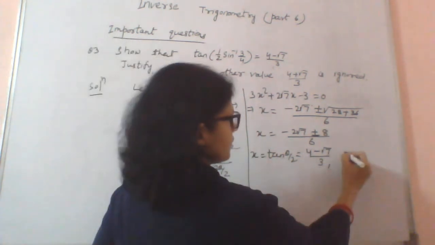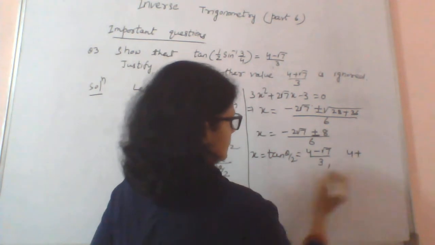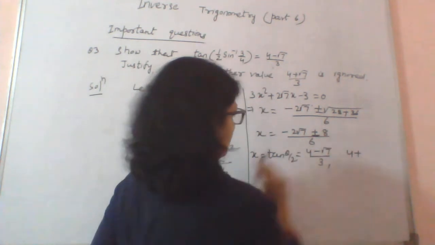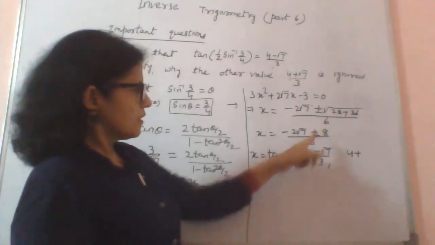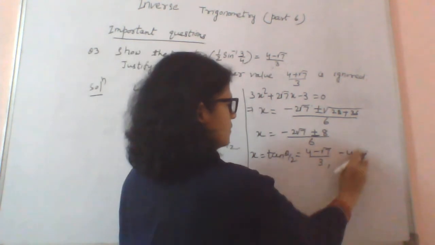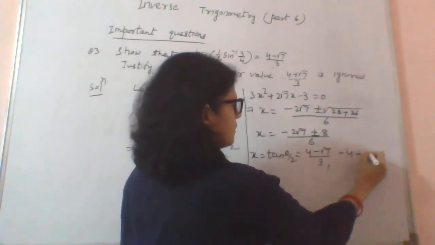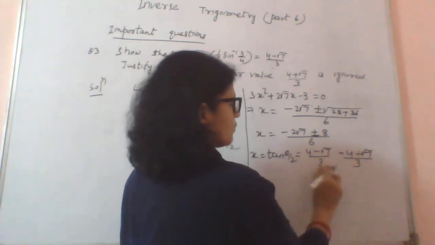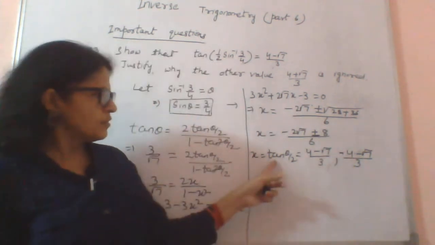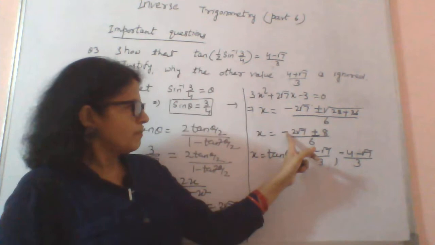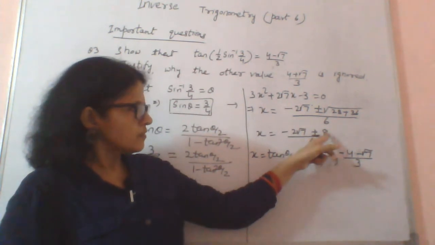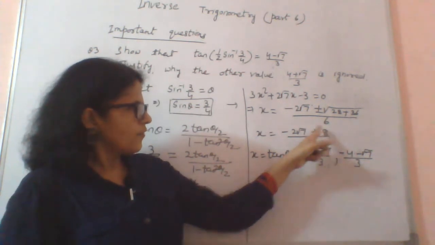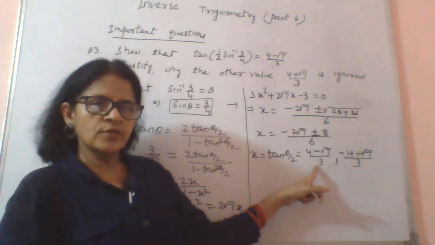Okay, the other value is, yeah, 1 is this, the other one is minus 4 minus root 7 divided by 3. Okay, we are getting two values. One is minus 2 root 7 plus 8 by 6, or you can write here 4 minus root 7 by 3.